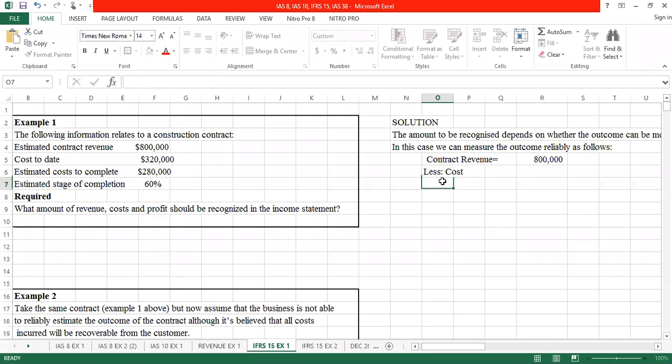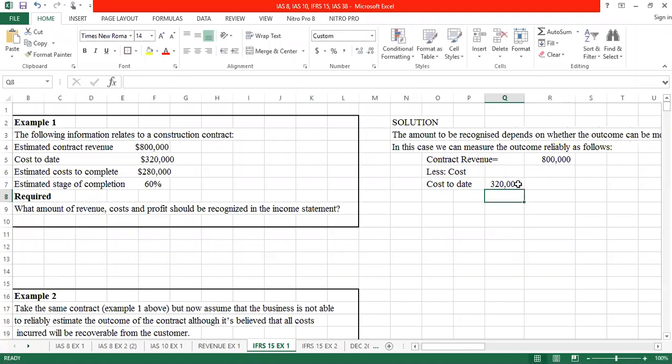You less your costs. So what is your cost to date? Your cost to date is 320,000.